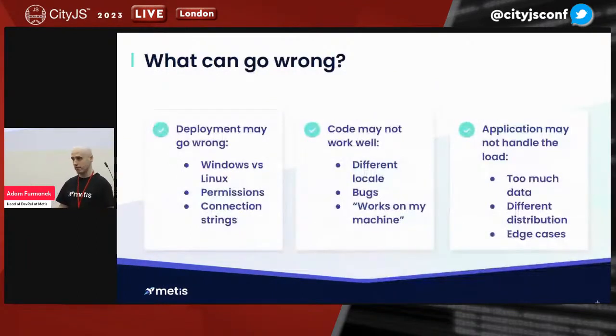What can go wrong? There are multiple areas that can go wrong when we are talking about successful software development. For instance, we have bugs in our application code, or problems with the deployment. You deploy something for Windows or for Linux, you forget to copy IAM role permissions to the AWS console, you forget to adjust connection strings, environment variables, and whatnot.